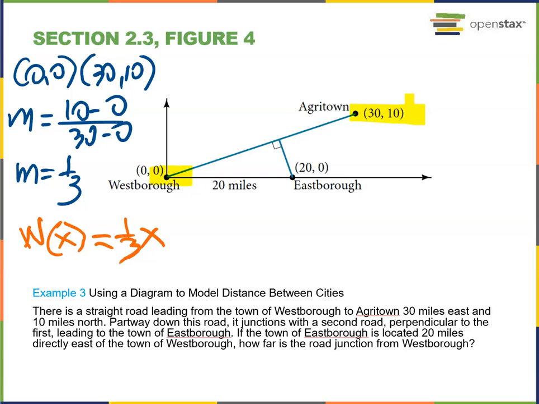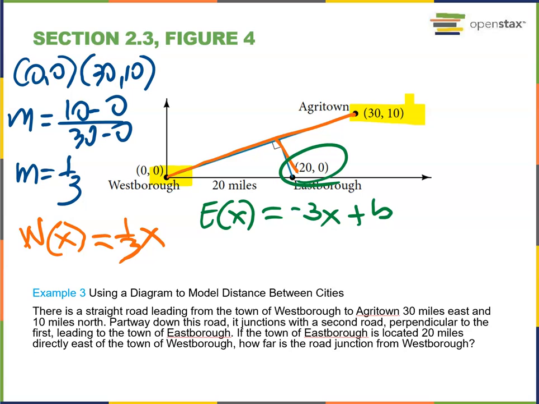From this, we can determine the perpendicular road to Eastboro. Since this line is 1/3 x and the other is perpendicular, remember from the concept of perpendicular lines, the slope is going to be the negative reciprocal of 1/3. So you will be able to write E of x equals negative 3x plus the y-intercept.